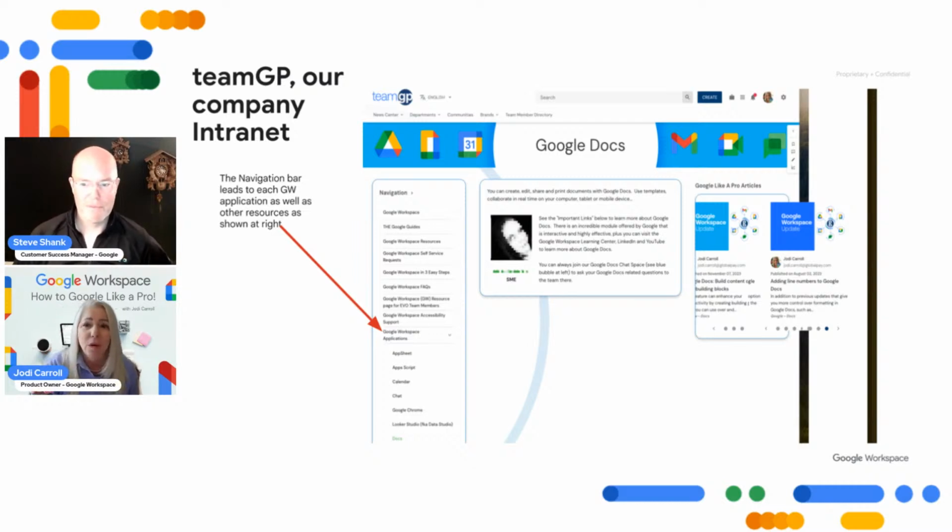This is an example of the navigation panel. I wanted to show you the navigation panel on the left-hand side because you will see listed under Google Workspace applications each of the individual applications. So we have a page for every single application. Rome was not built in a day, right? This has been 7 years in the making.